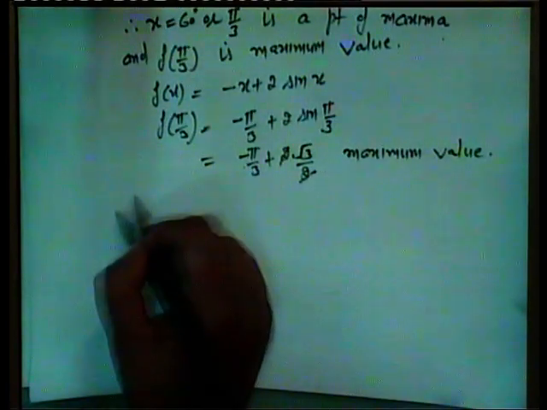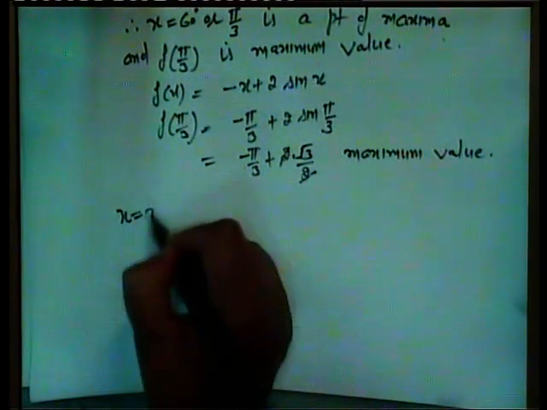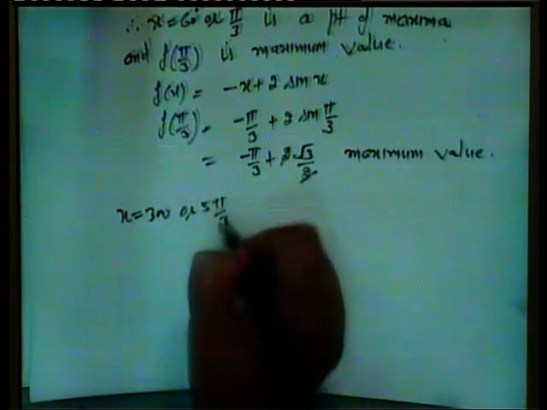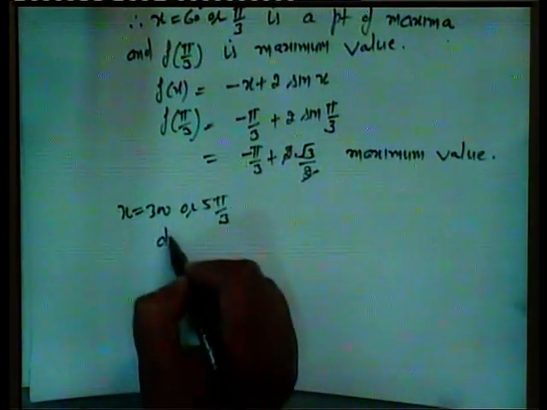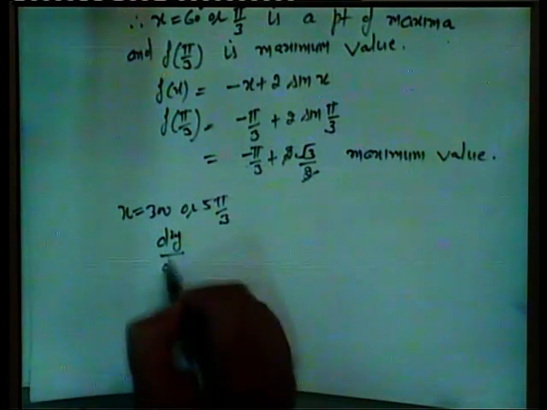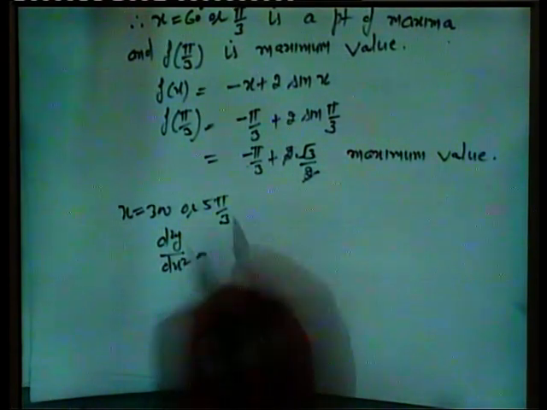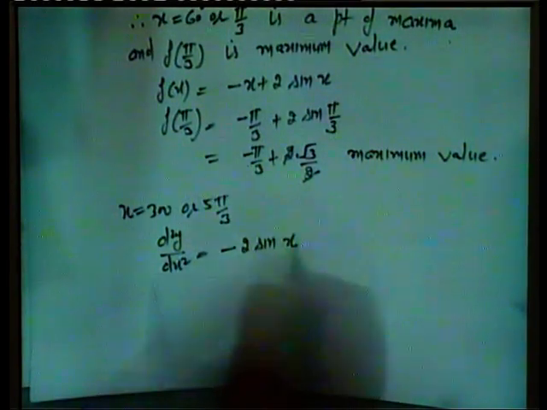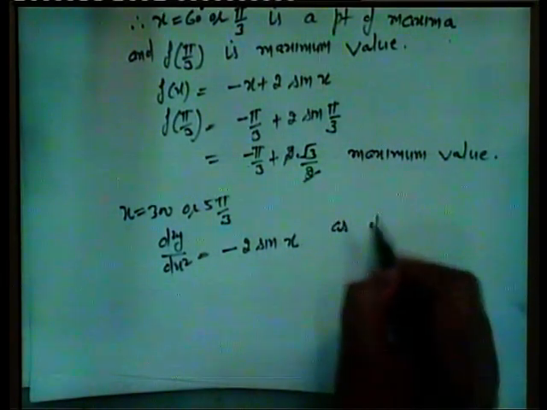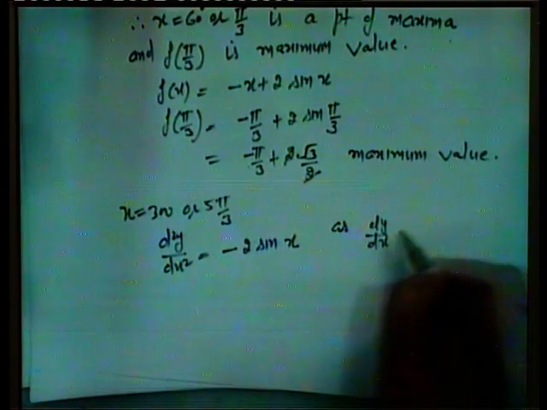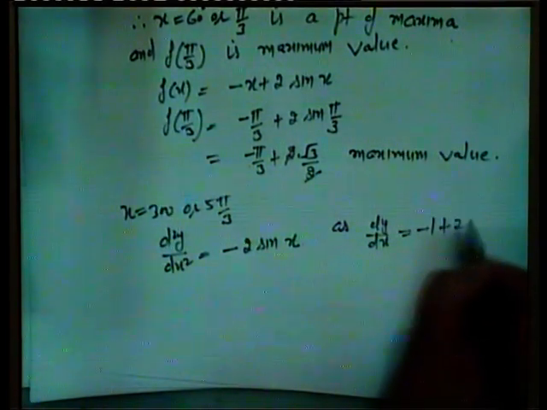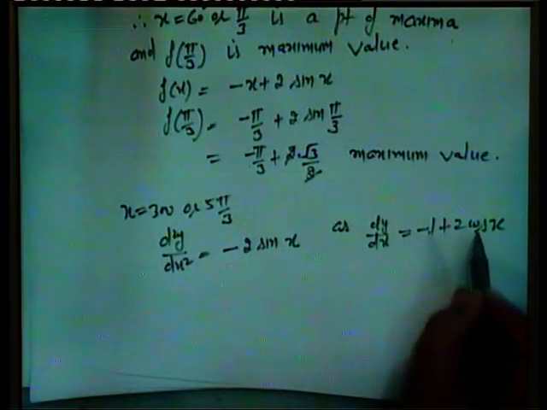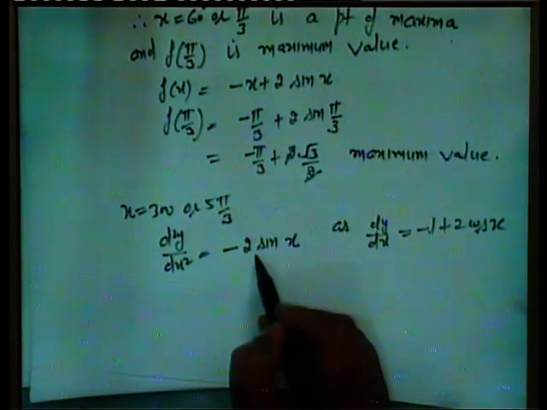Now check x is equal to 300 degrees or 5 pi by 3. d2y by dx square is minus 2 sin x, as dy by dx is minus 1 plus 2 cos x, derivative of 1 is 0 and derivative of cos x is minus sin x.